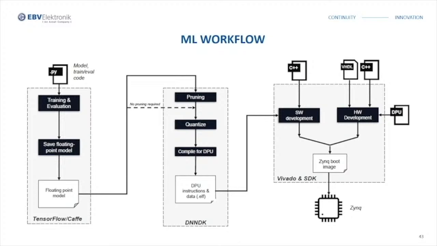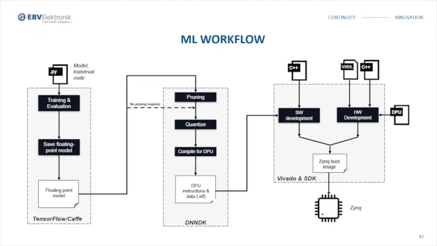The last step, on the very right side of the slide, is mostly the standard Vivado flow where you make your hardware design. When you put in all of the needed blocks using Vivado, you obviously have to instantiate the DPU. Then you instantiate different kinds of interfaces, and then you build with support of PetaLinux.